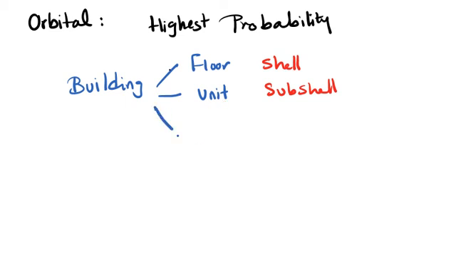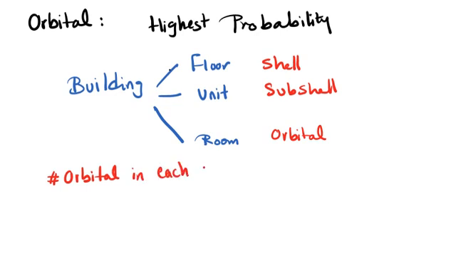And if we work on the rooms in each unit, we call that orbital. So we are going to find the place of the electrons step by step. In the building, first we go to the first shell, then we look at the S unit. In the S unit, we need to find a room. So we are going to have this number of orbitals in each subshell.